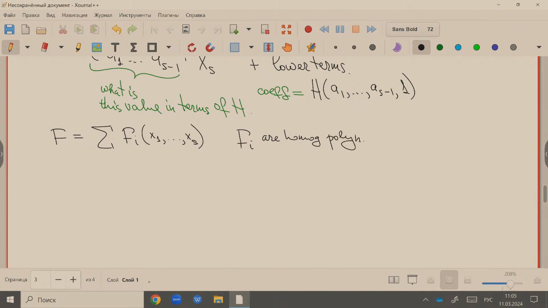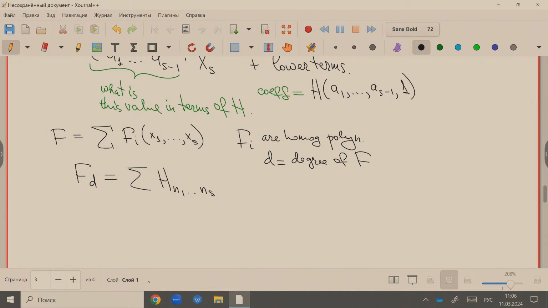And what we see is that you have the highest coefficient fd, where d is the degree of f. And you see the following: if you substitute, fd is the sum of monomials of degree d in x1 through xs.